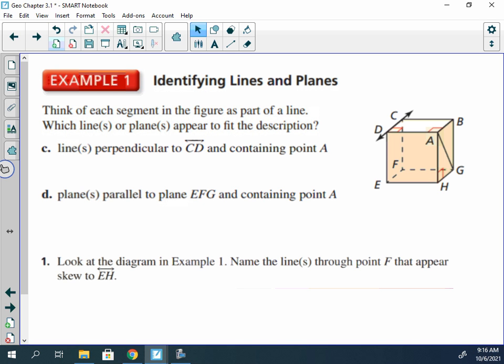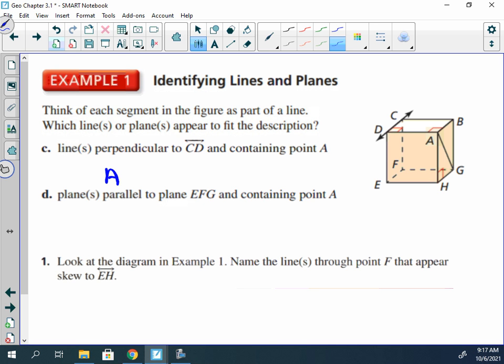C. Line or lines perpendicular to line CD and containing point A. It's not going to be AB or AG.